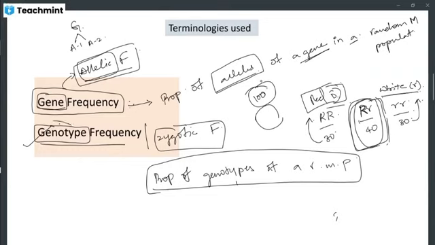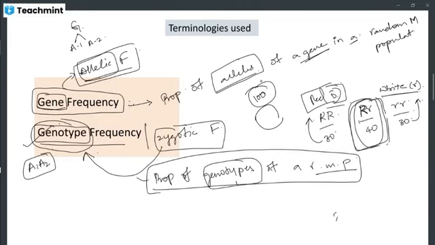But the genotype forms only when two alleles come together, right? That is, whenever the zygote develops into an individual, then we can calculate the genotype frequency. So the proportion of the genotypes in a random mating population gives the genotype frequency, which is also known as your zygotic frequency.